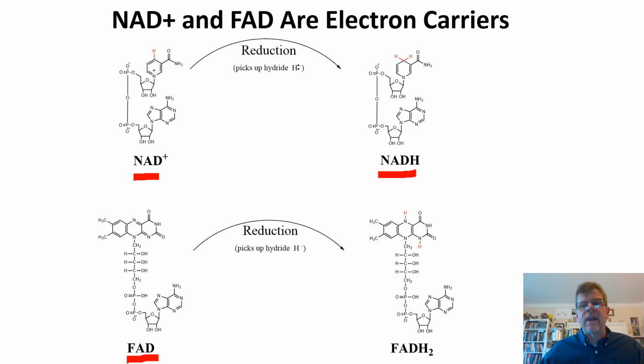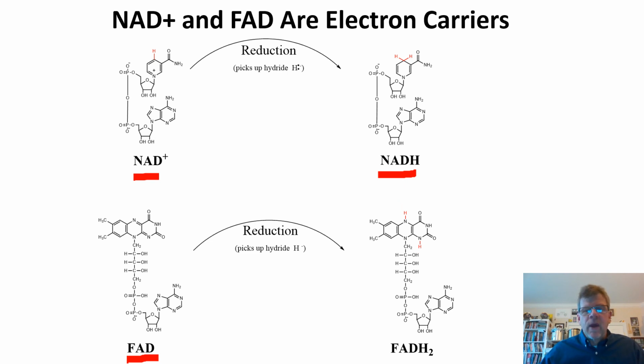Similarly, FAD also picks up a hydride ion. Essentially, we get more hydrogens in there. If we look, there are no hydrogens here, but we end up with 2 hydrogens on the right-hand side. So that is considered globally a reduction.